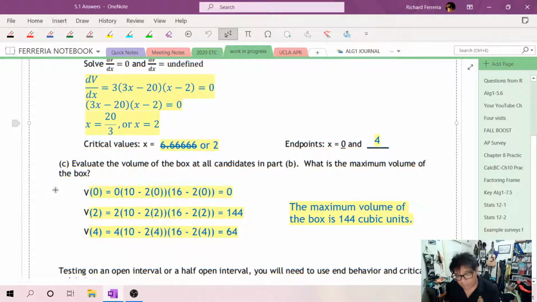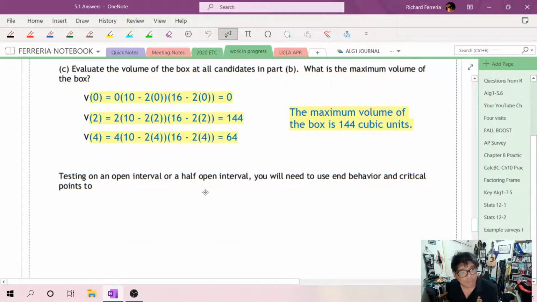Now, the common mistake here is people take the critical values and the endpoints and they substitute them back into the derivative. No, no, no. You're not trying to maximize the derivative, you're trying to maximize the volume.